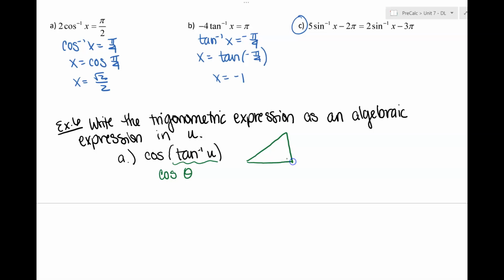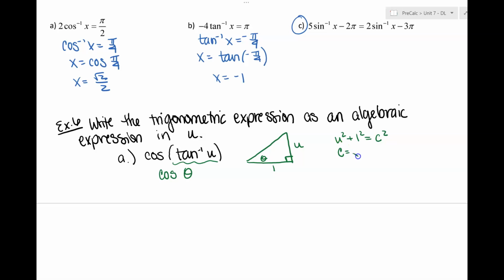This is what our right triangle looks like in the first quadrant. And tangent is opposite over adjacent. So that means u over 1. Every integer has a 1 in the denominator, but we don't write it because there's no need. And then we're going to use u squared plus 1 squared is equal to c squared, because that's our hypotenuse.